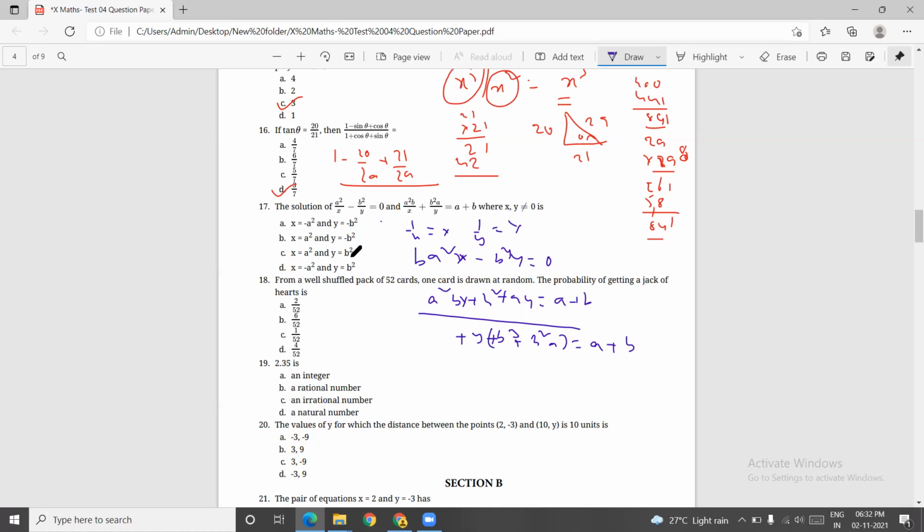Y equal to b square is in the last two options. If I'm keeping y equal to b square, then b square by b square is 1, so it should be a square by a square, not a square by minus a square. So the option is C. Then only it is coming correct. Otherwise, the first equation is not satisfied with the rest of the values.